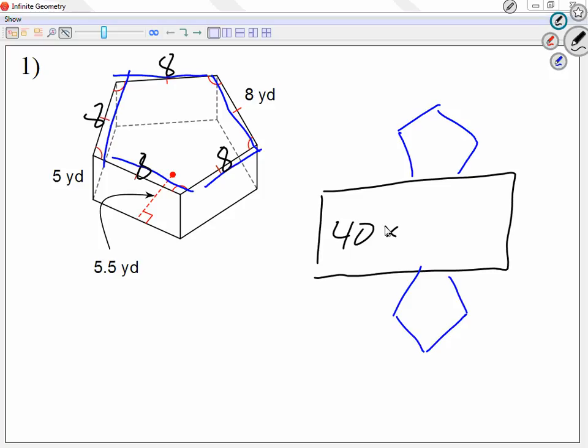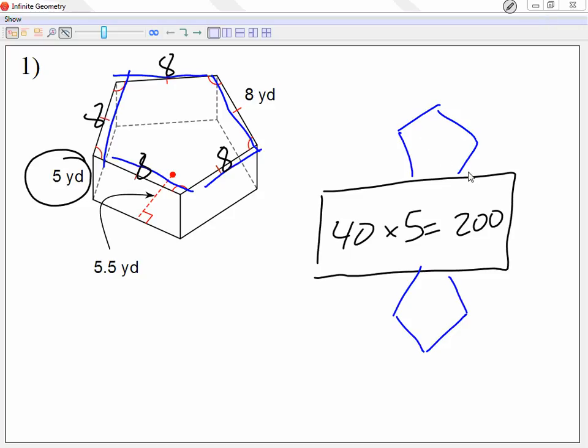So 40 for the perimeter. Then multiply by the distance between the bases, which I told you yesterday is usually a number that has nothing to do with the pentagon, in this case 5. So the area of the rectangle is 200, 40 times 5. Perimeter times the distance between the bases.